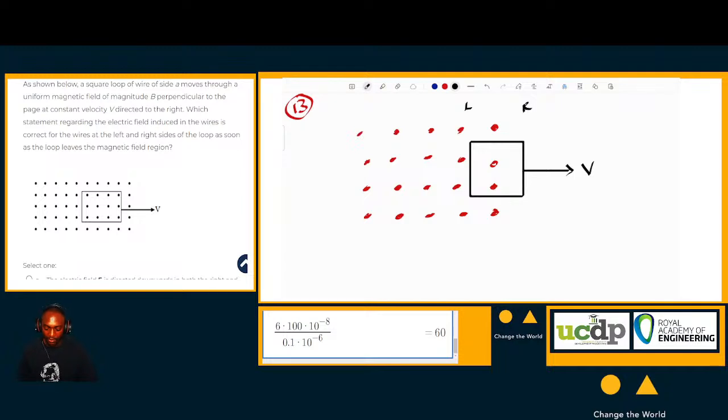Is it downwards or upwards? Can you try and do it? What will be the direction of the current there?